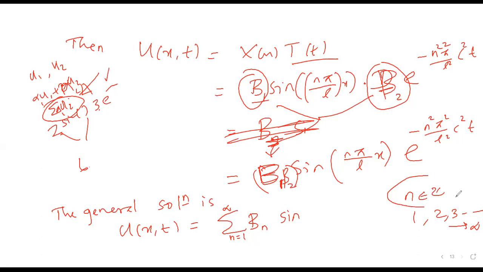Don't put n equal to 0, because the 0 term will be 0 already, since I'm talking about the integer part. It will start from 1 to infinity. Sine n pi x over L, e to the power minus n squared pi squared over L squared of c squared t. This is actually my finalized answer.